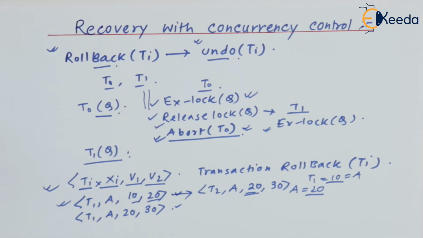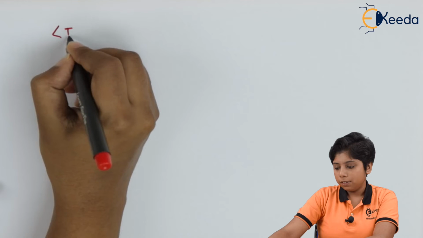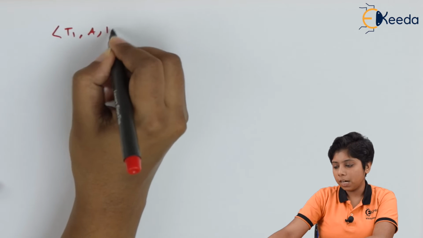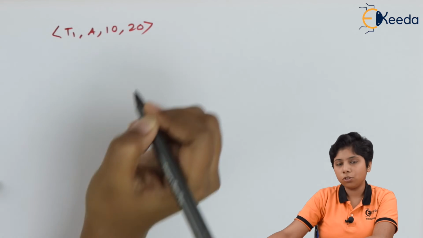So to provide the two-phase locking protocol, if a value has been modified by a transaction, then only after committing or aborting that transaction can one go for updating it. Suppose T1 has updated the value from 10 to 20.